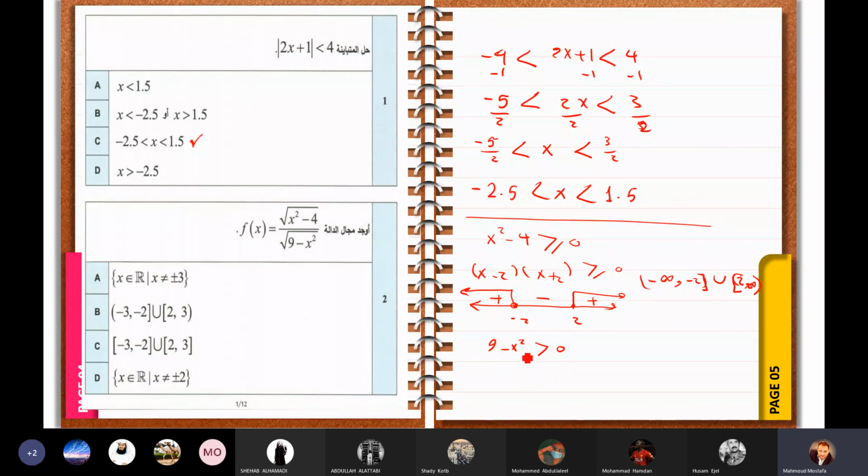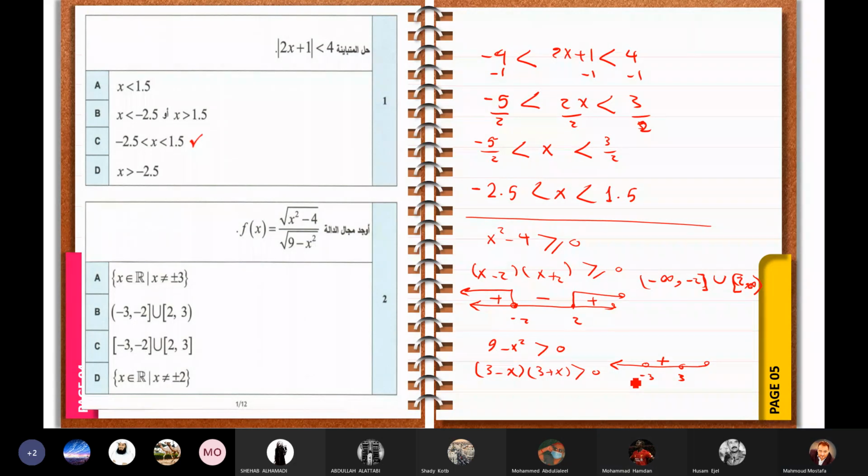So 9 minus x squared greater than 0 means 3 minus x, 3 plus x. And again, check. You have here negative 3 and positive 3. So if x equal to 0, it will be positive, right?